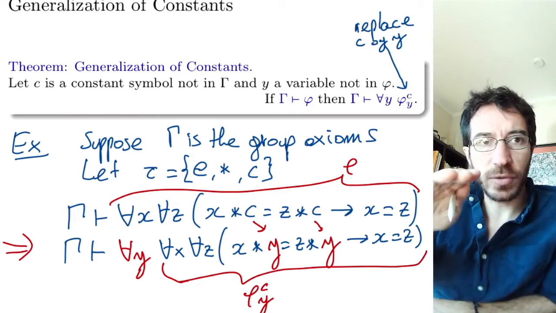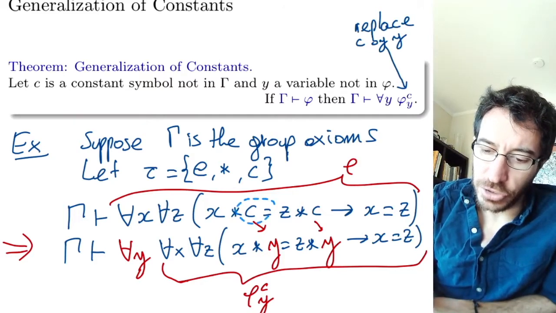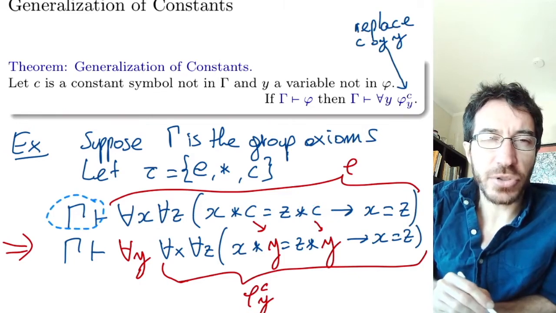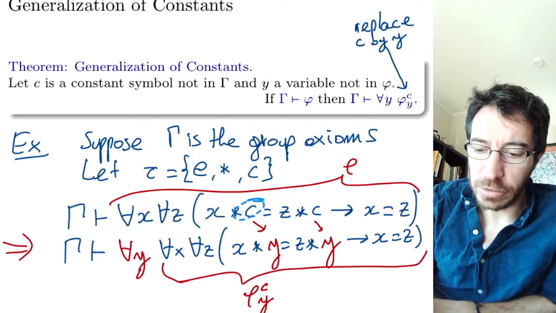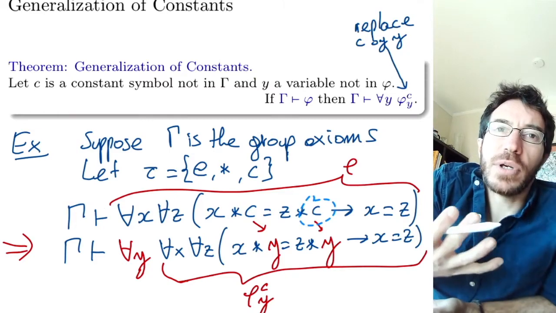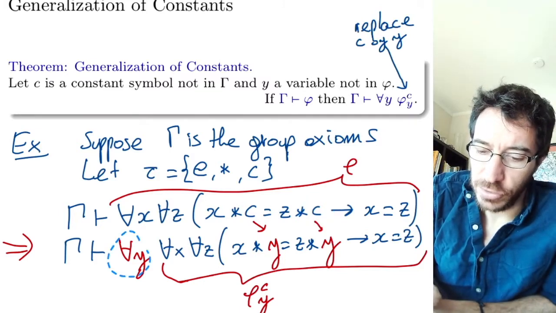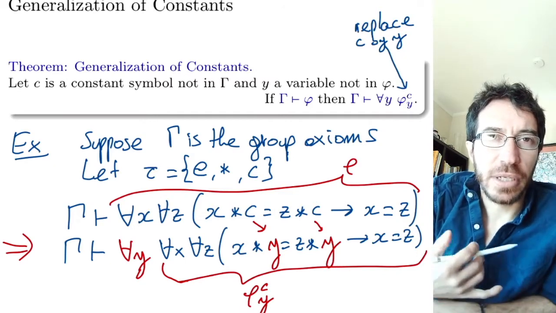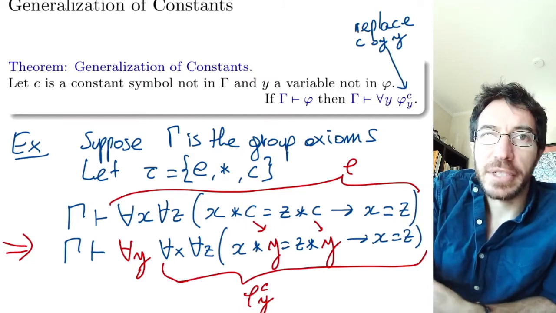If you have a proof of the first one, essentially what's going on is that it mentions this constant c along the way, but c is not in our assumptions. Our assumptions don't say anything about c. So if you can prove something about a constant without any assumption at all about the constant, you should, if things work the way they should, be able to prove that it's true for every y, because you didn't use anything about the constant. That is, if the formal proof system that we have works correctly.